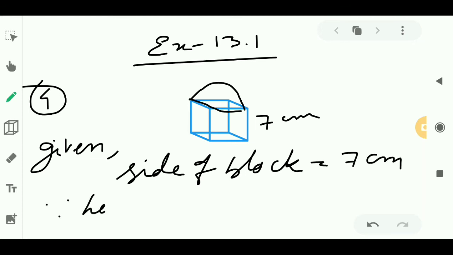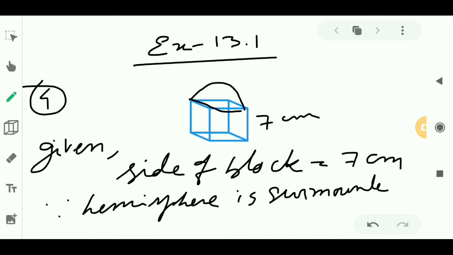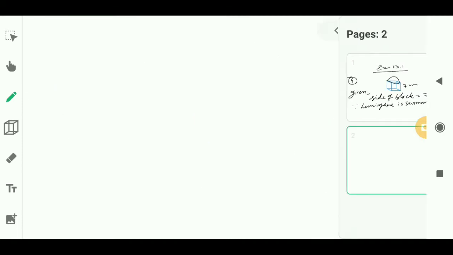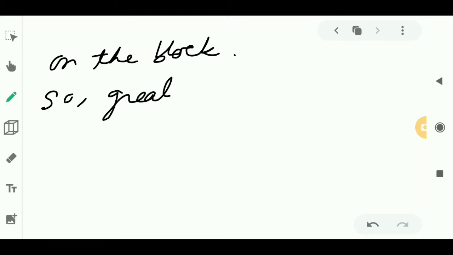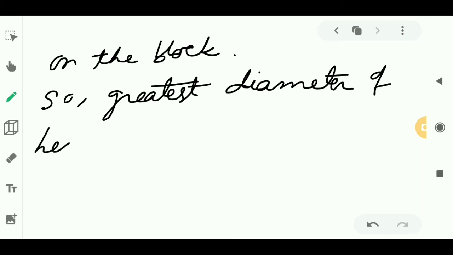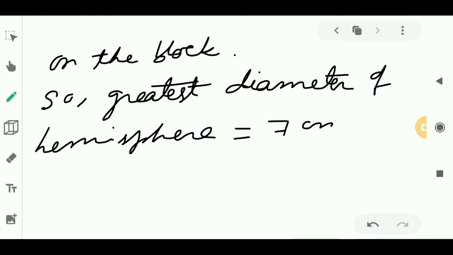Since the hemisphere is surmounted on the block, the greatest diameter of the hemisphere will be equal to 7 centimeter.